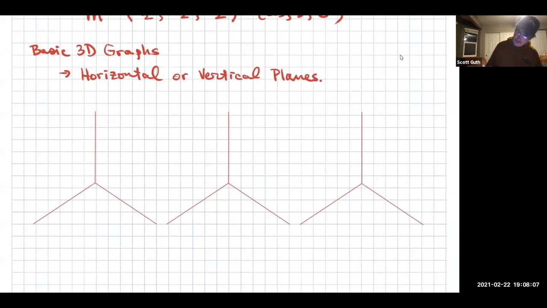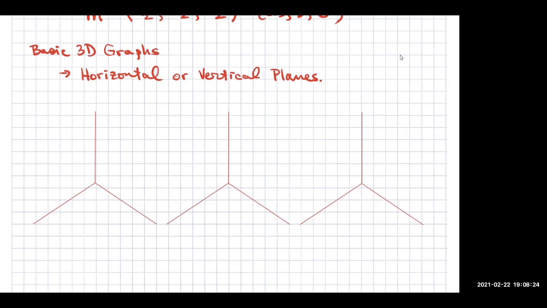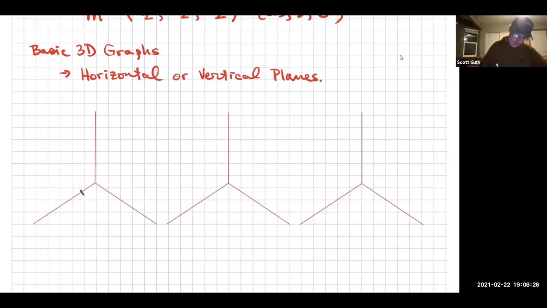Okay, so if I wanted to do something like x equals 2, I would come out 2 on the x-axis like that. So there's a 2.